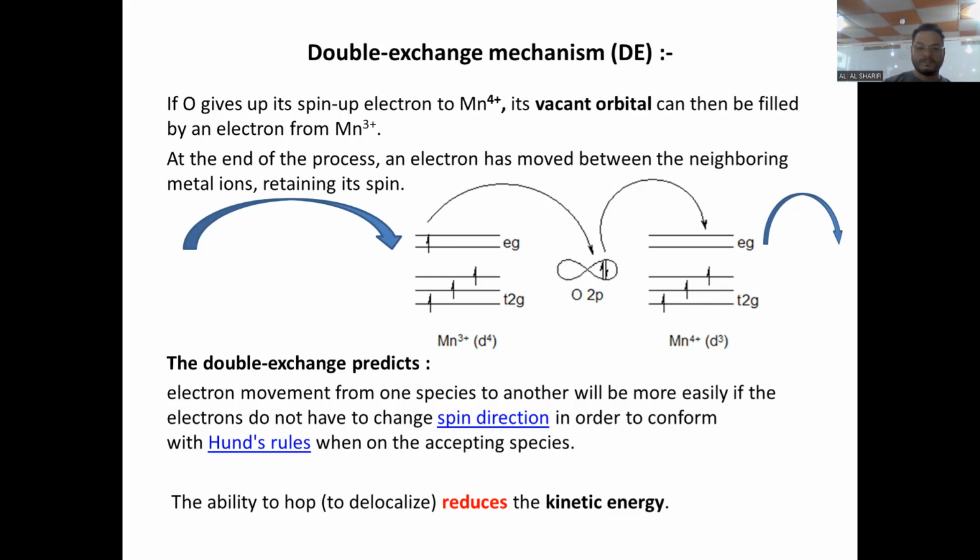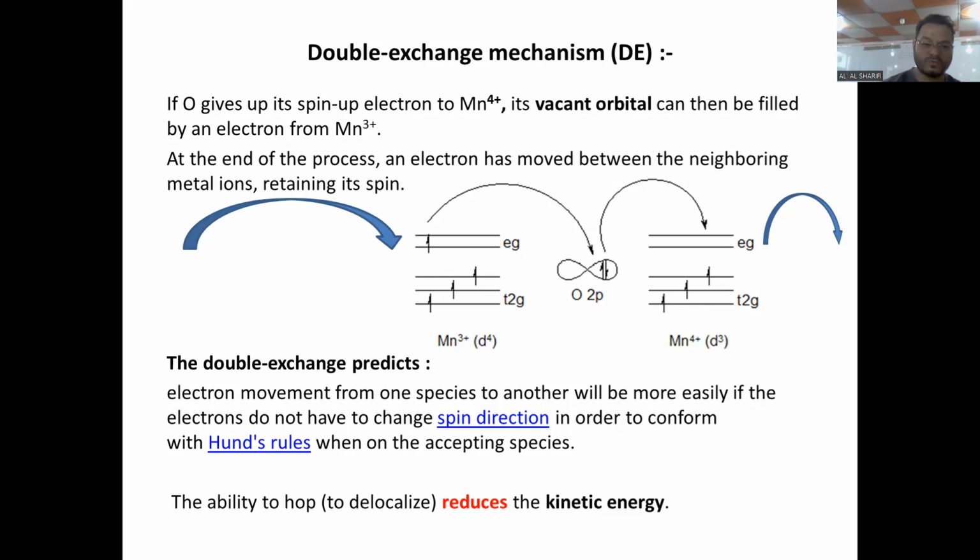The double exchange predicts that electron movement from one species to another will be easier if electrons don't have to change the spin direction. We talk about Hund's rule. That means, by Hund's rule, the electron can jump from manganese to manganese more easily than if we don't pay attention to Hund's rule.